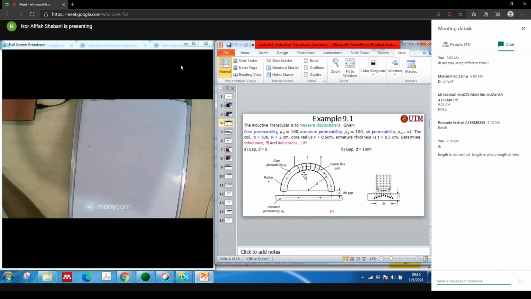That's the radius of your core permeability, and the small r is equal to this one. This core you use is what we call a hollow one, right?